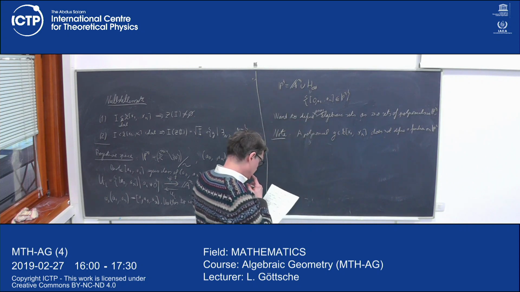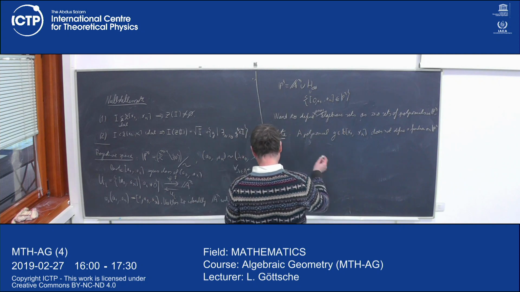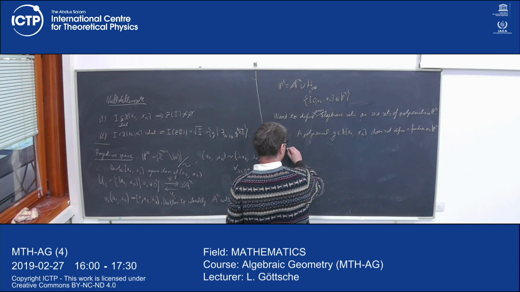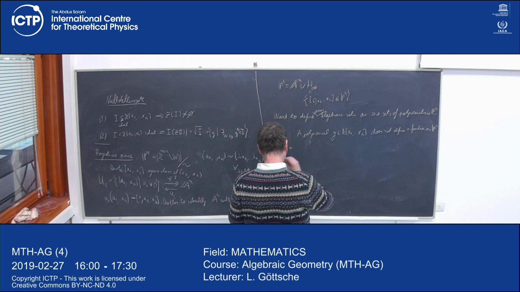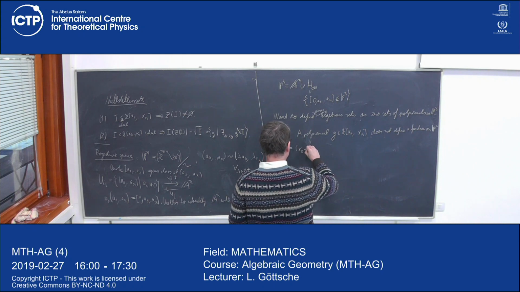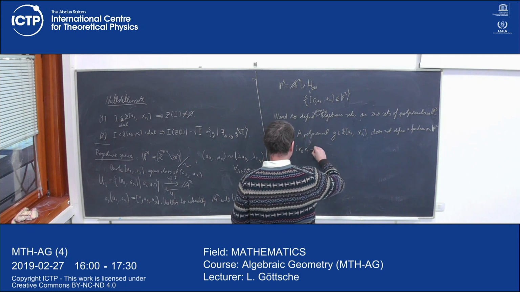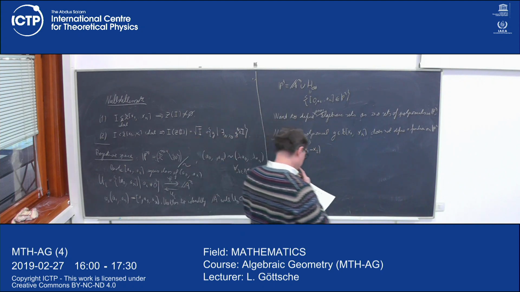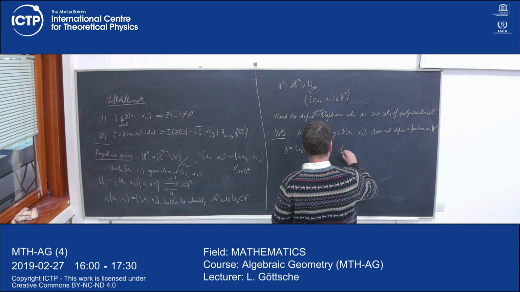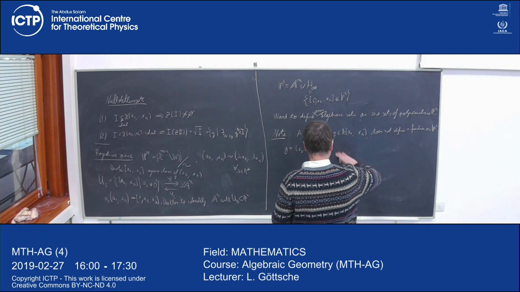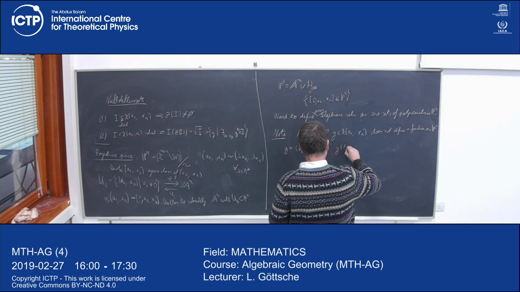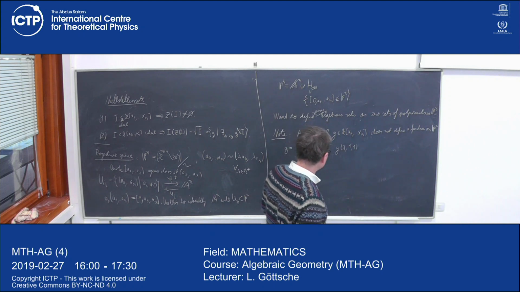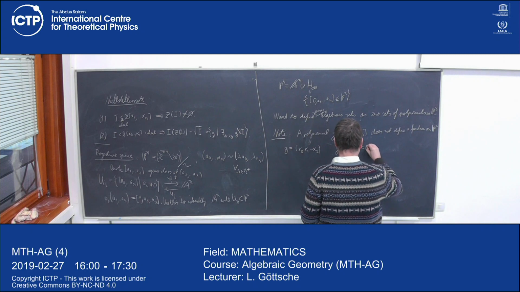In fact, for instance, if I take g equal to x0 times x1 minus x2, why not? Then g of (1,1,1) is 1 times 1 minus 1, which is 0.